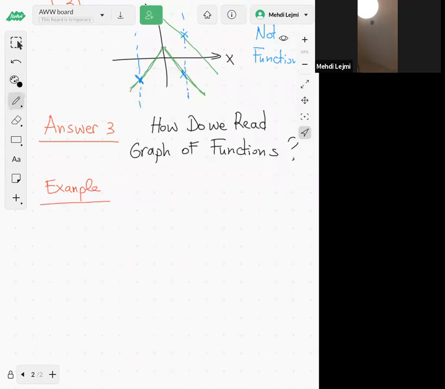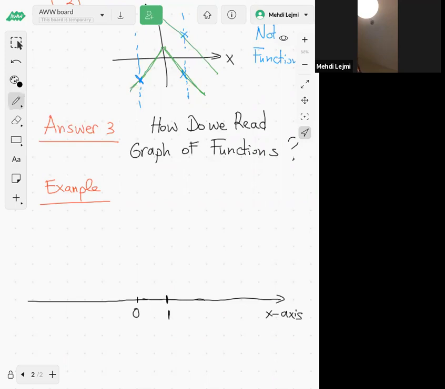So this is my x-axis. It's a number line. Let's say I'm gonna need 0, 1, 2, 3, and I can use more space here, sorry.